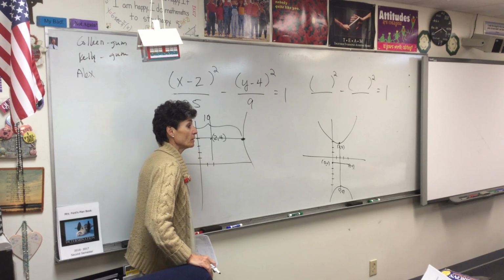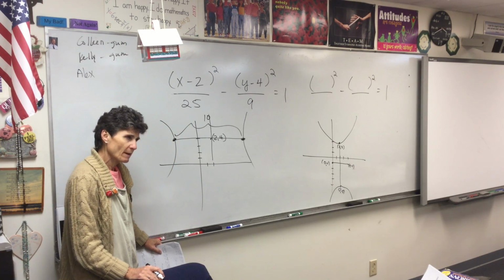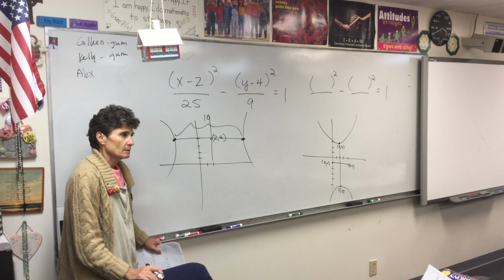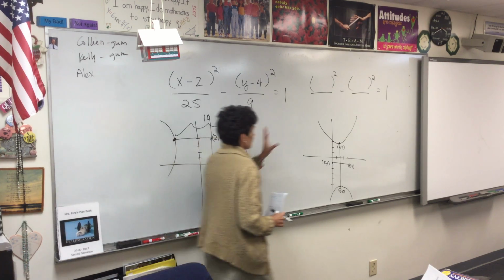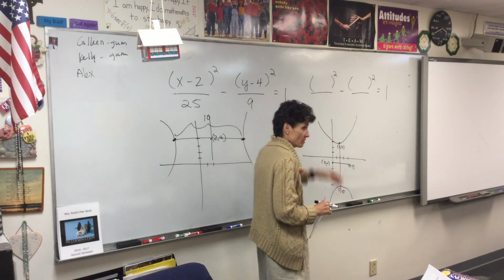Okay, this is a hyperbola, and a hyperbola actually does have two directrices, but we didn't talk about them. What do I need to know to fill in all of these numbers in here? I need to know the center.